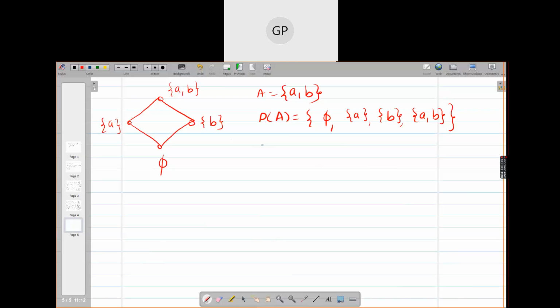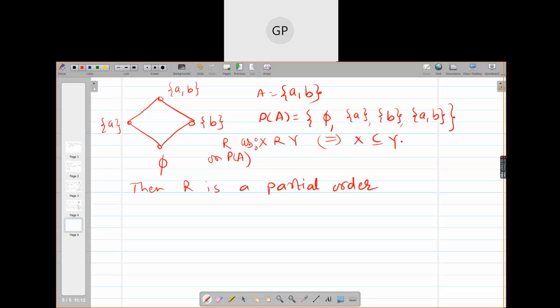Okay. And we are defining X related to Y. R on P of A we are defining as X R Y if and only if X is a subset of Y. Okay. Then R is a partial order relation on P of A.